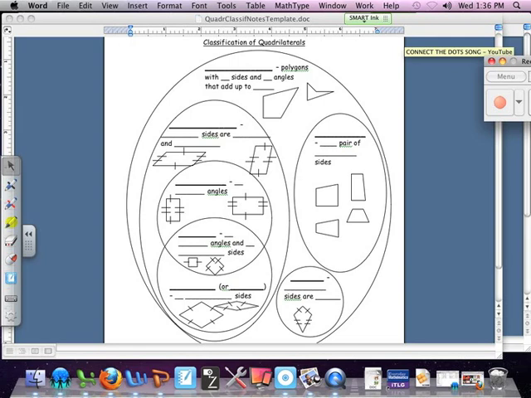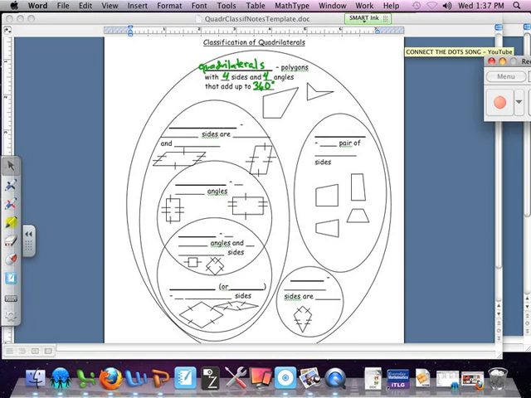First of all, we want to say that everything we're looking at here, all these different examples, are quadrilaterals. These are all quadrilaterals. They're polygons with 4 sides and 4 angles that add up to 360 degrees.